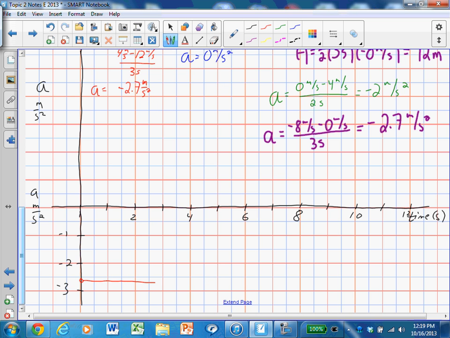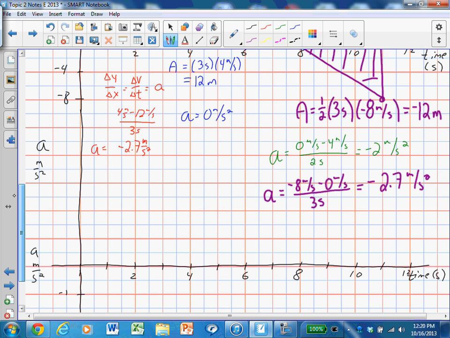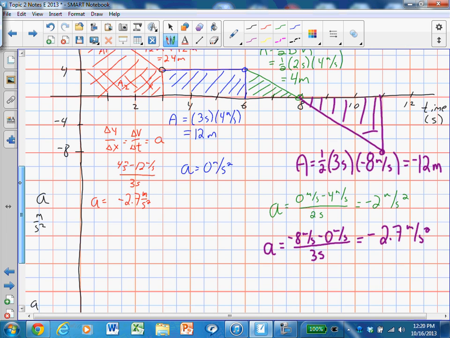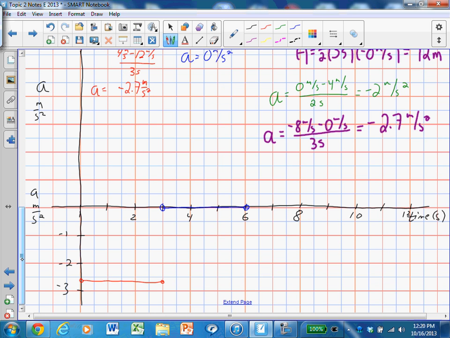And then the next one is 0, and that goes for 3 seconds. And then the next one was minus 2 for 2 seconds. And then minus 2.7 for another 3 seconds.